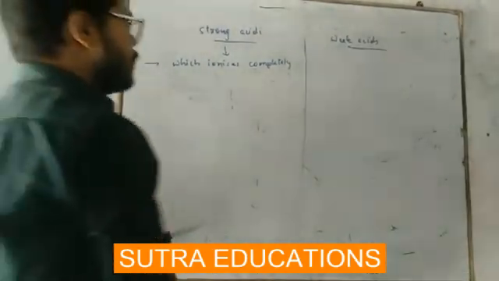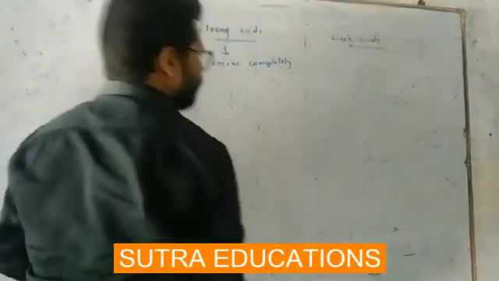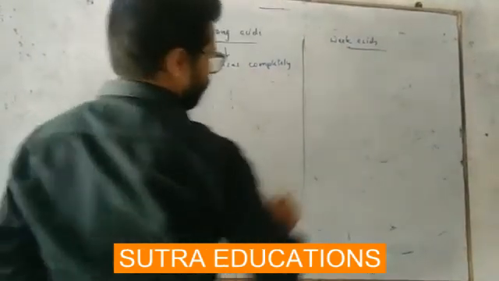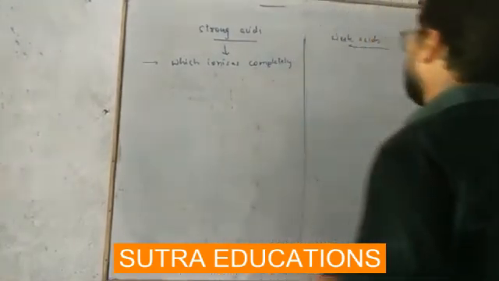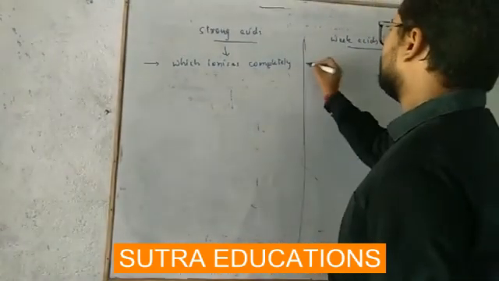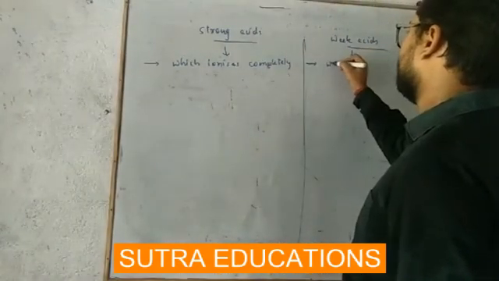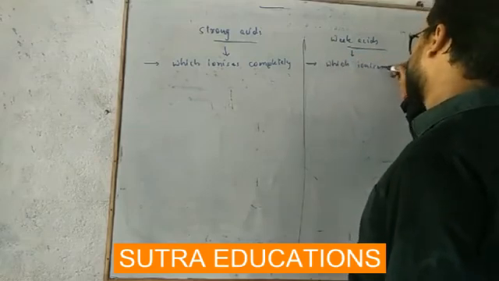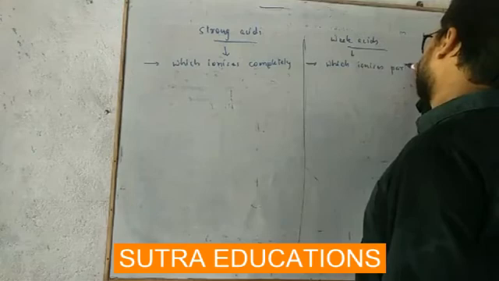Weak acids are those which do not ionize completely, which means they ionize partially.